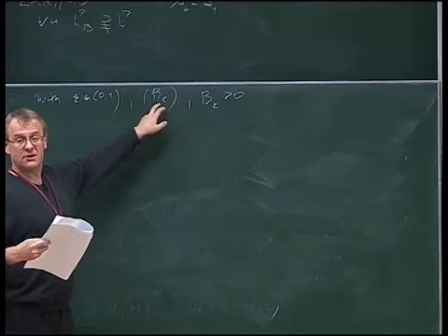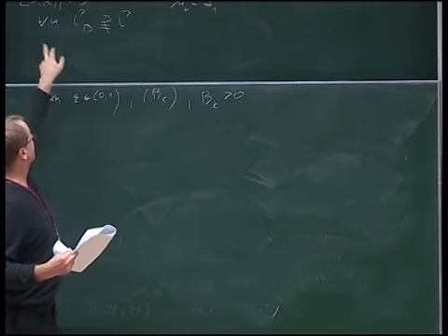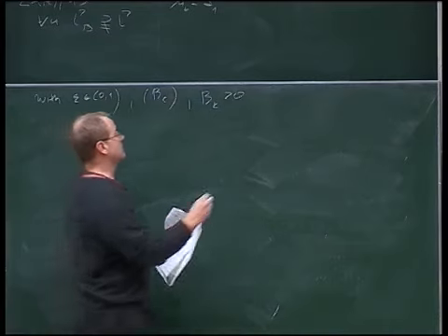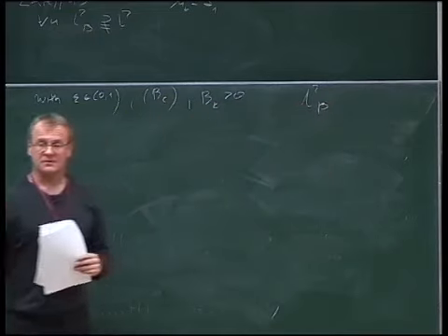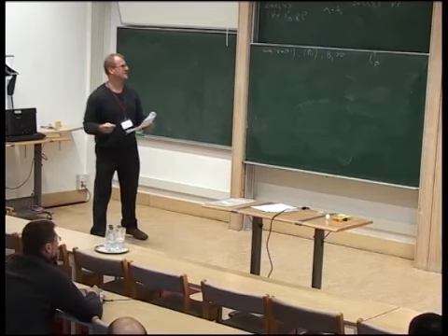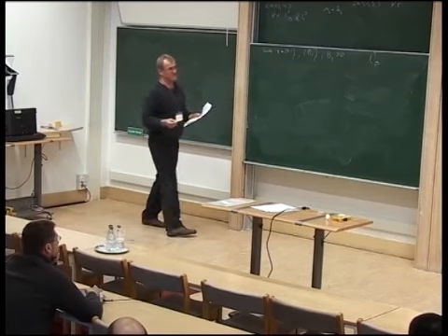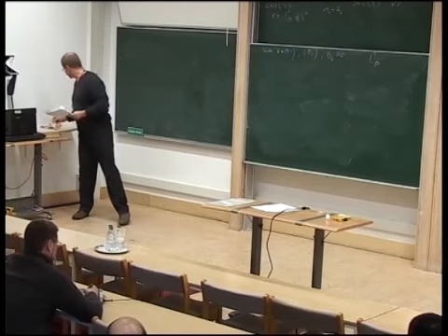I will show the weak càdlàg property of X in L to beta. That's my goal. So of course, b_k should go to 0. That's my interesting case. But I can formulate it for any sequence.